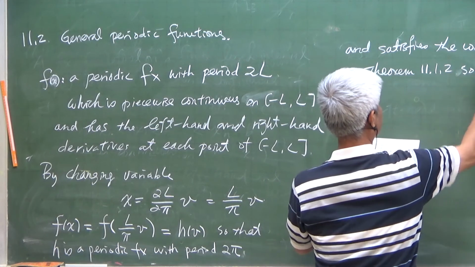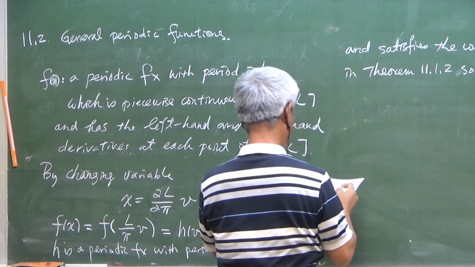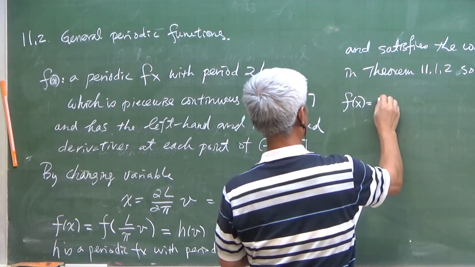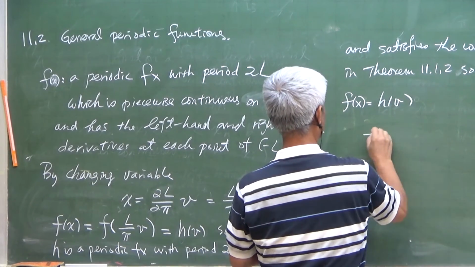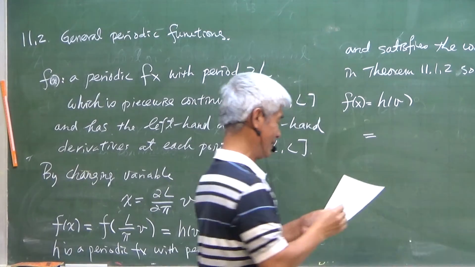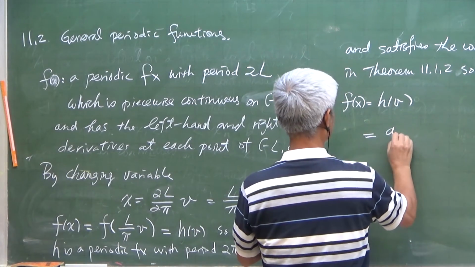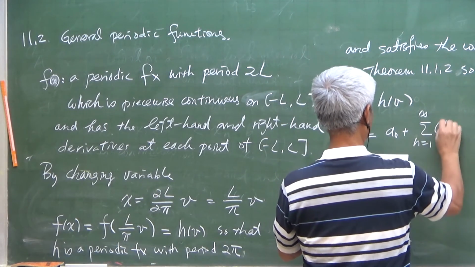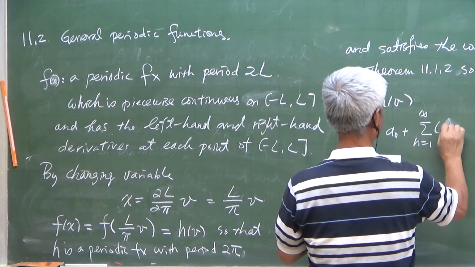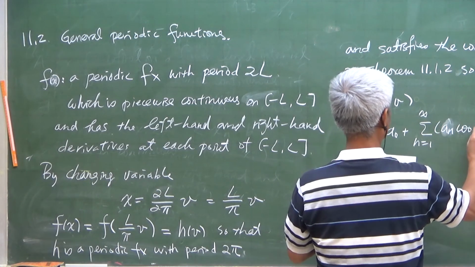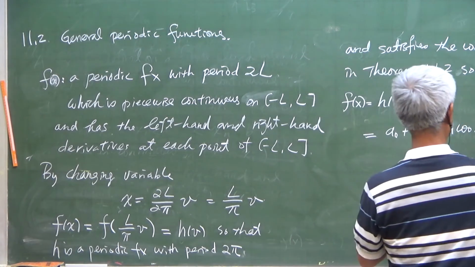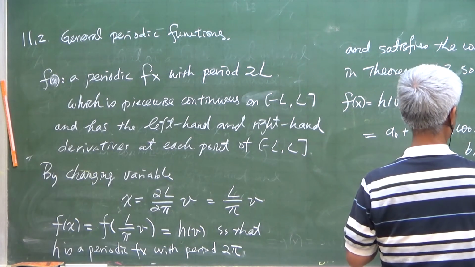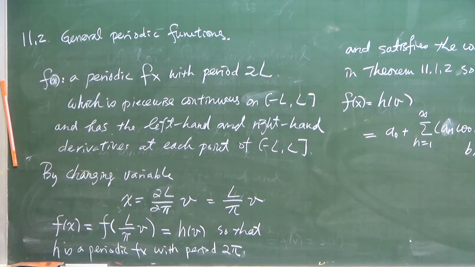So that f of x equals h of v. So this comes to a0 plus summation of an cosine nv plus bn sine nv. Okay, so we have that.